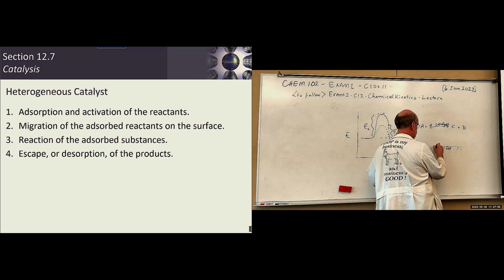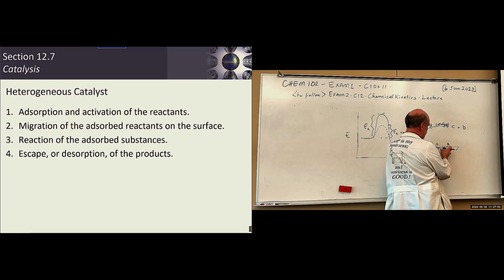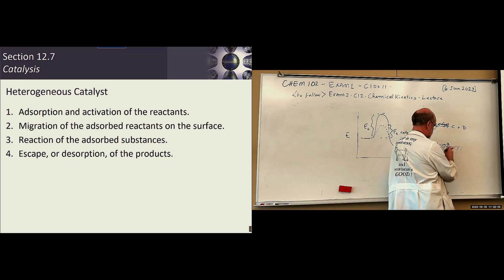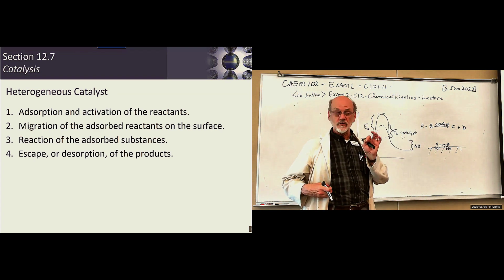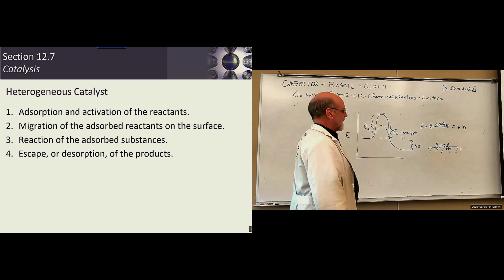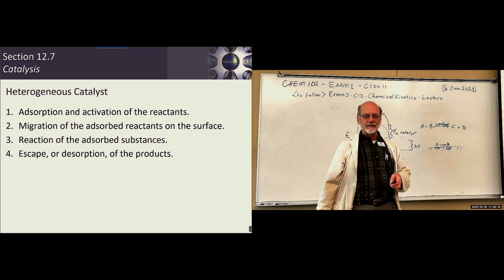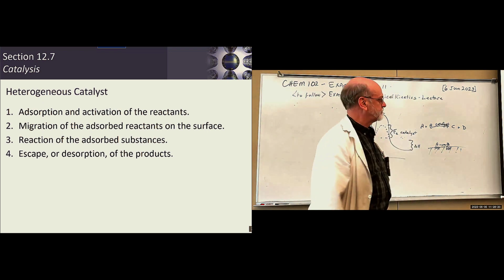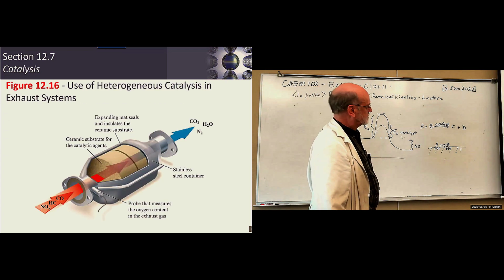This gas would be here, and this gas would be here, and they would be activated by those, and they would actually migrate toward each other on the surface of the catalyst. And that would guarantee their orientation was correct also. And then once the reaction is complete, they desorb and out your tailpipe. Oh, there's an artist's rendition.